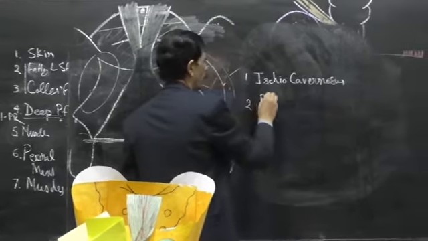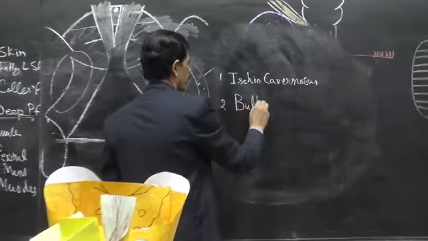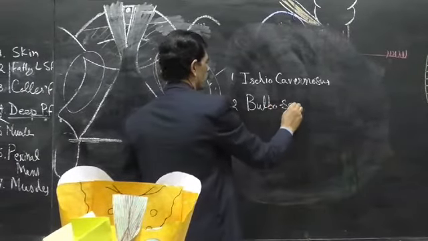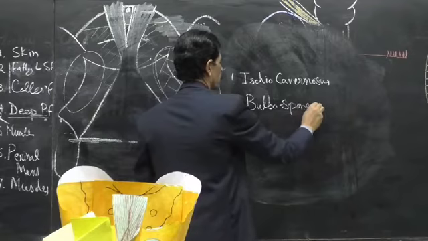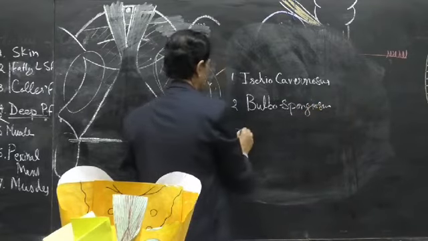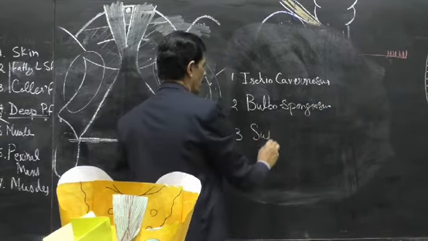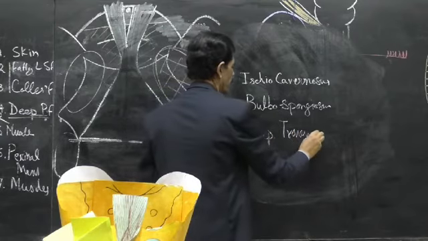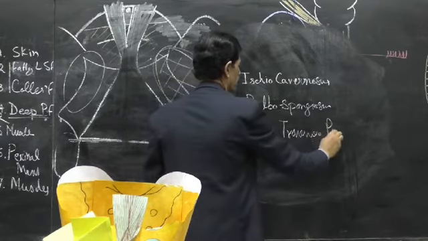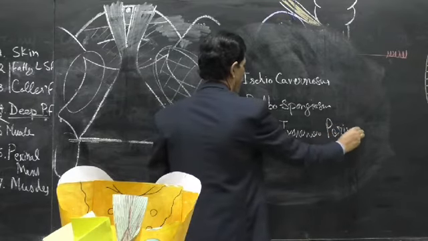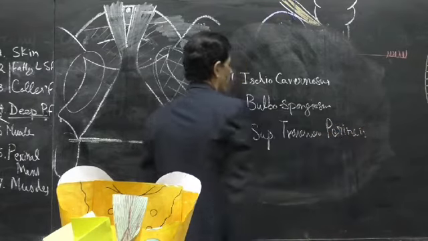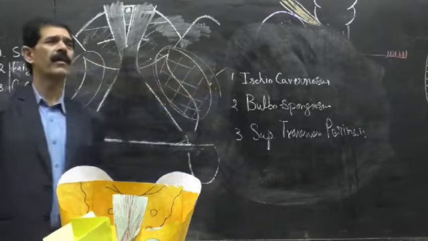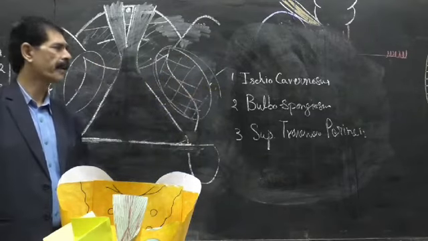Second is bulbospongiosus. Third is the superficial transverse perineal muscle. So three muscles we encounter when we remove the fascia in this urogenital triangle.